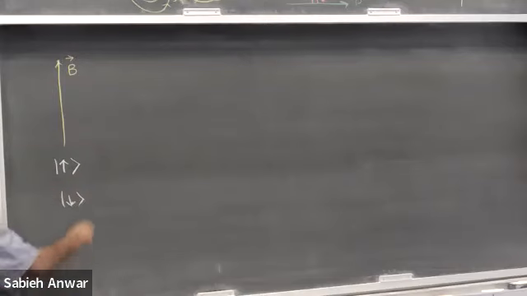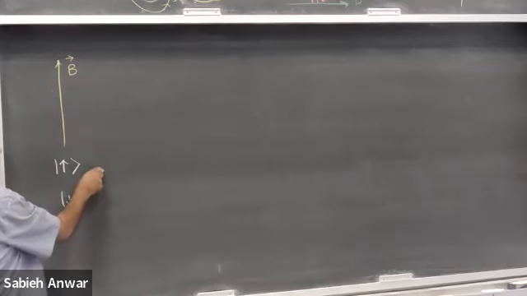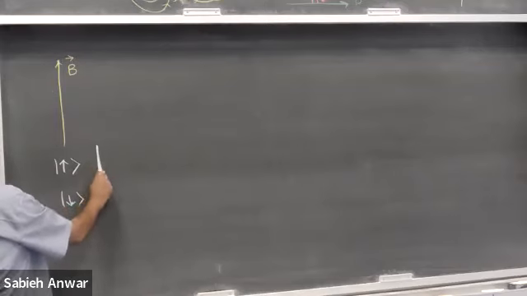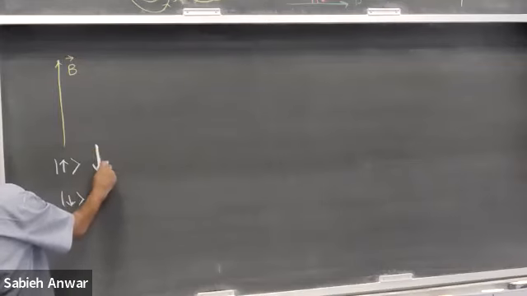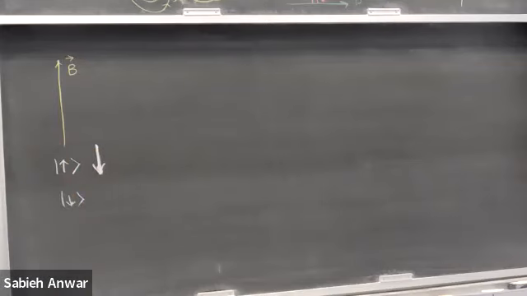Because in this case, the magnetic moment is also parallel to the field, and mu cross B will be 0. So there will be no torque. B is up, mu is down.